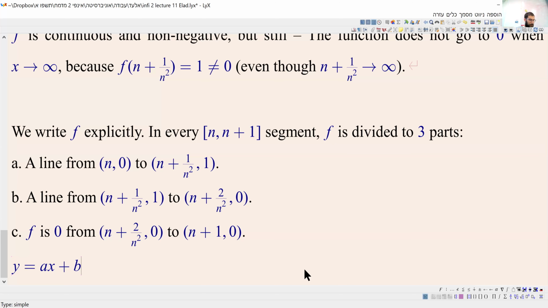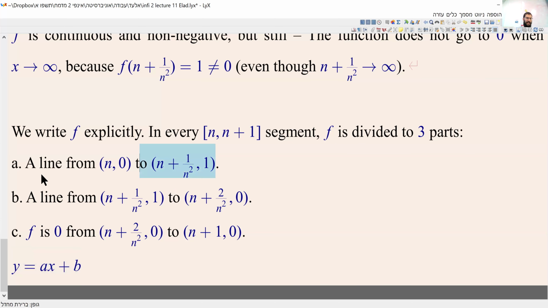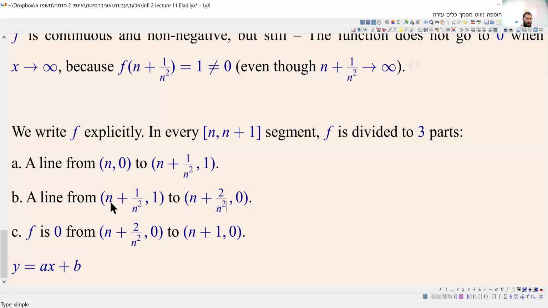So in order to find a and b for case A and case B, one can put x as n and y as 0, and x as n plus 1 above n squared and y as 1. You get two equations of a and b, and you find a and b. And do the same here.